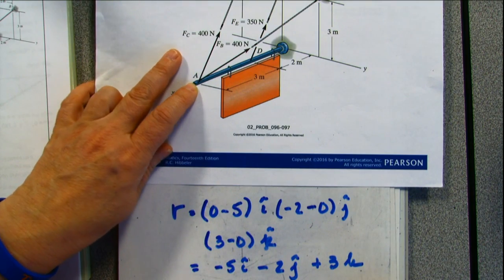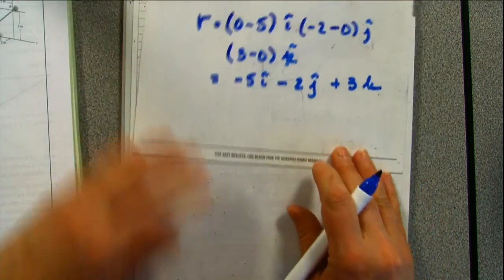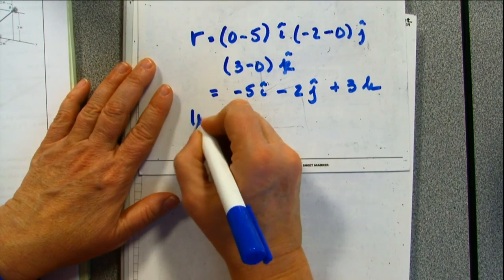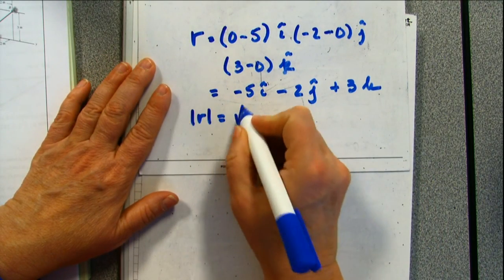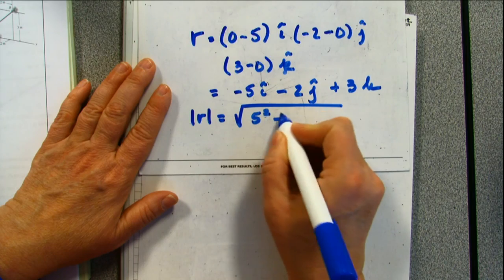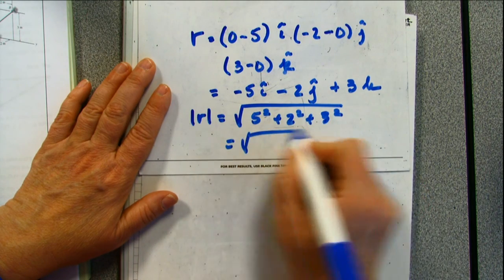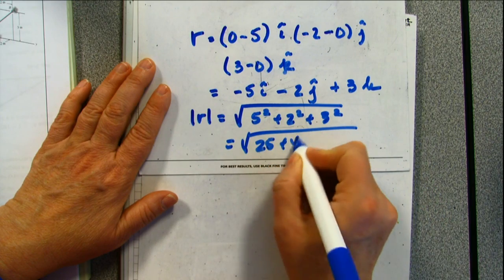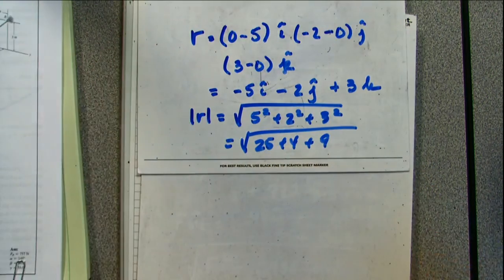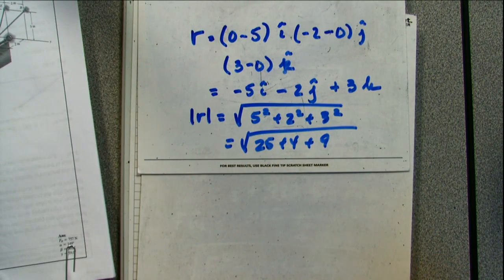So now I can find the unit vector. I've got to find the magnitude of R. The magnitude of R is going to be the square root of 5 squared plus 2 squared plus 3 squared. So it's going to be 25 plus 4 plus 9. We'll go ahead and do it in my calculator.